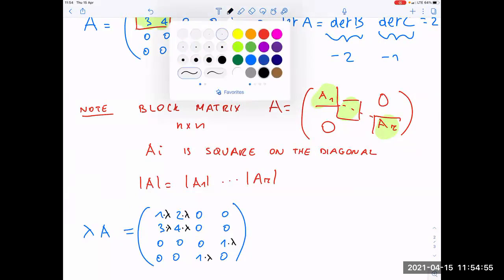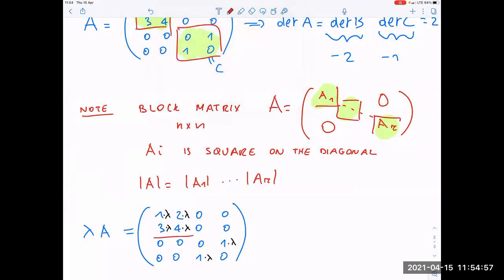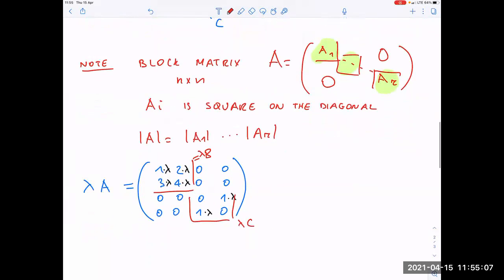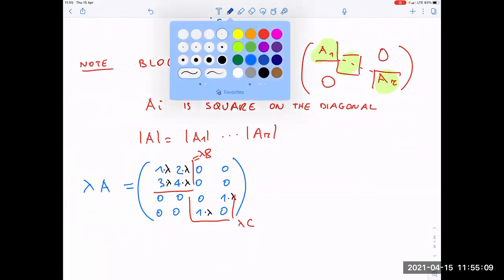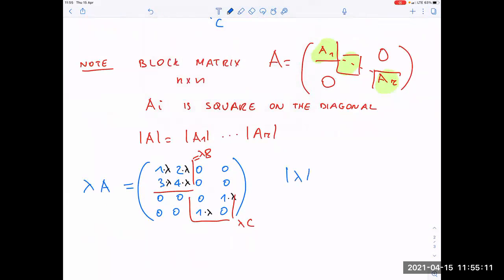And so when we think of this block structure, having matrix B here, this is lambda B, and matrix C, this is lambda C. So what I'll get is that the determinant of lambda A is the determinant of lambda B times the determinant of lambda C, which in our case is lambda times minus 2, lambda times minus 1. So the result is 2 lambda squared.